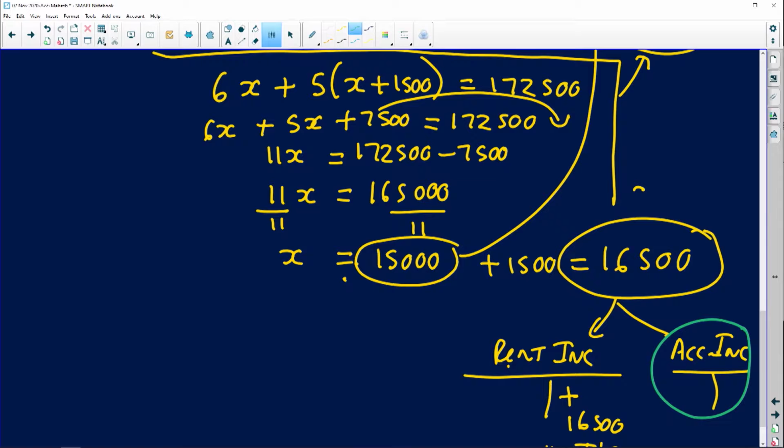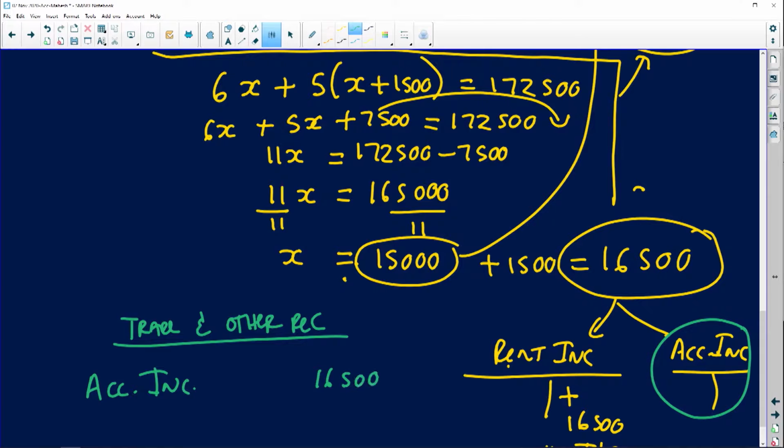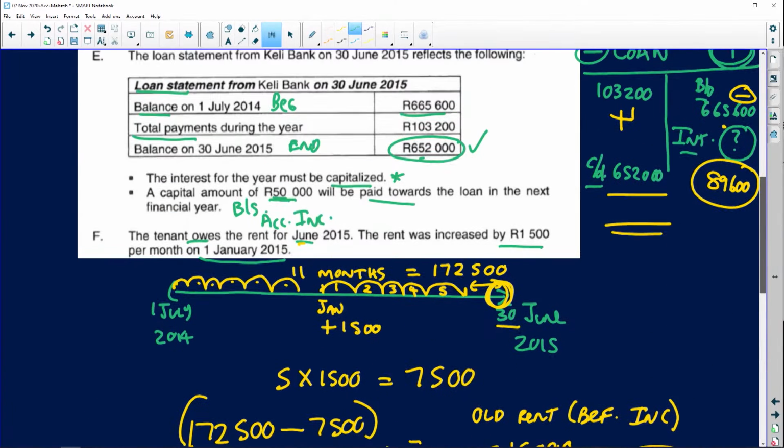So remember, accrued income, you will obviously show the 16,500 in trade and other receivables, the balance sheet note, and you will fill in accrued income, and that is where you're going to show the 16,500. Okay, right. Adjustment done.